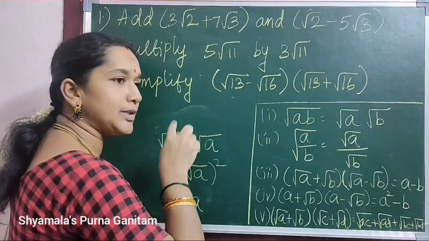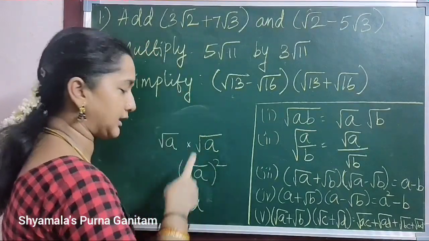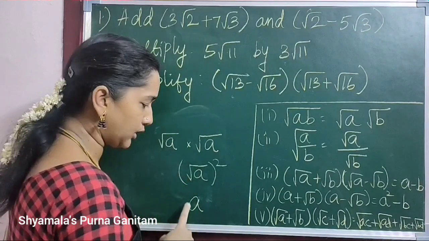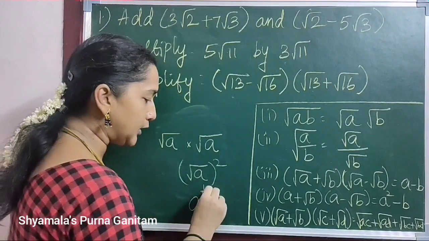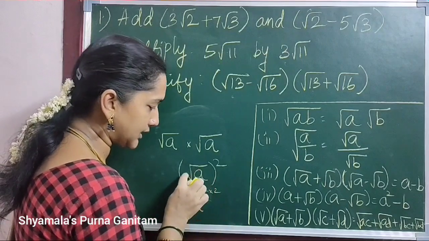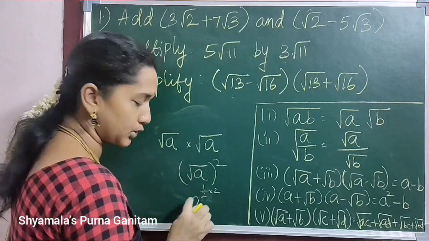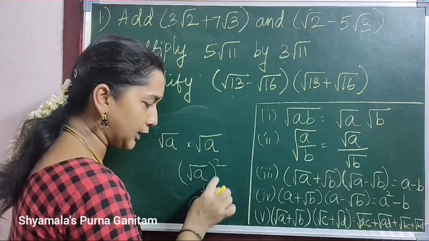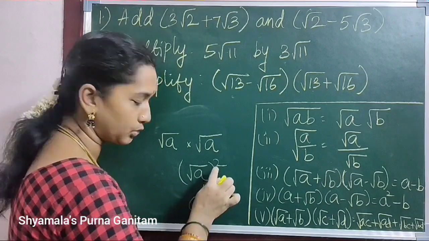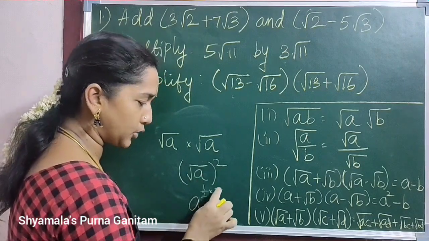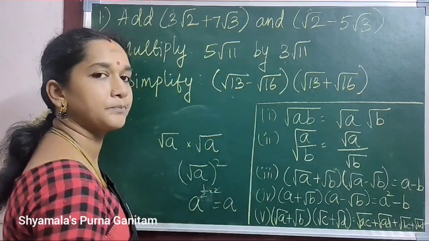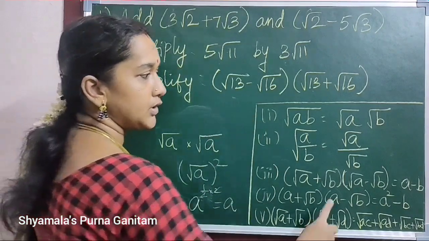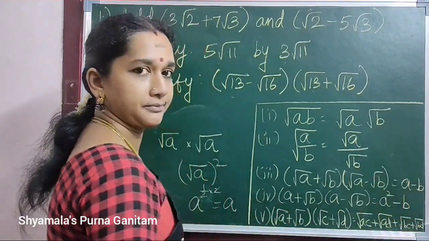If it is cube root, you will say it as A power 1 by 3. Since it is only root, this is A power 1 by 2 into 2. A power 1 by 2 is, this root is 1 by 2. So A power 1 by 2 into, outside that you are having that 2. So A power 1 by 2 into 2, when you simplify this, you will get the answer as A. Understood? So that is the thing, you got it here.